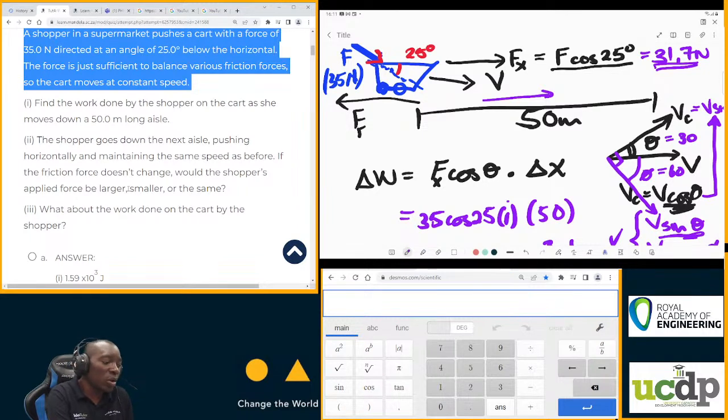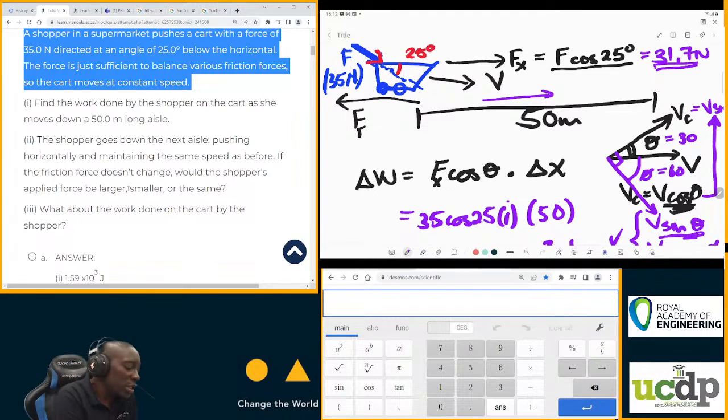And that would also mean a greater frictional force. And with that greater frictional force, it means a greater force, which is 35 newtons, needs to be applied when moving the trolley in that manner.